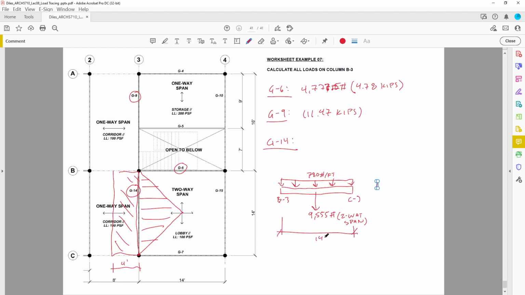This is 14 feet, the overall length. So our free body diagram here is for G14, and G14 is 14 feet long. So we have 780 times 14.